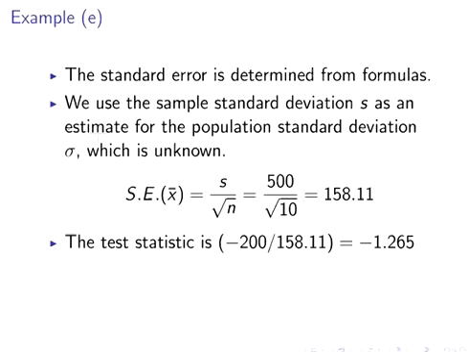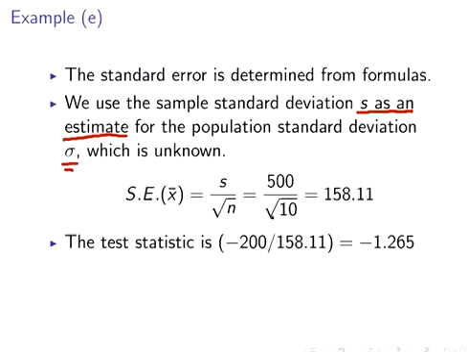Now, standard error is determined from formulas unless you're very unlucky. We use the sample standard deviation s as an estimate. Now that's an important point here: s as an estimate for sigma, because sigma is unknown. So where we had sigma previously, now we're just writing in s. s divided by the square root of n.